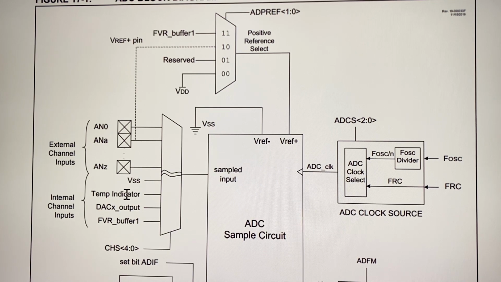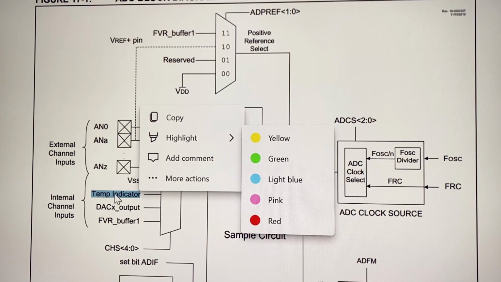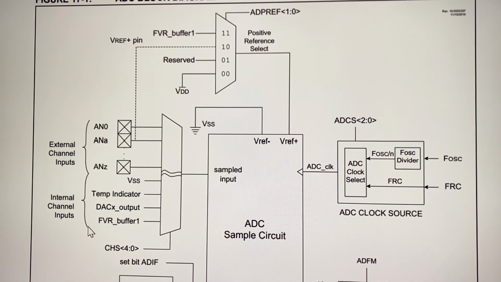You can select an internal temperature indicator, which is embedded in the microcontroller, and we also have a DAC, digital to analog converter, which we can use as a reference, and a voltage regulator, from another block which we can select. So these are external channels, and these are internal channel inputs.